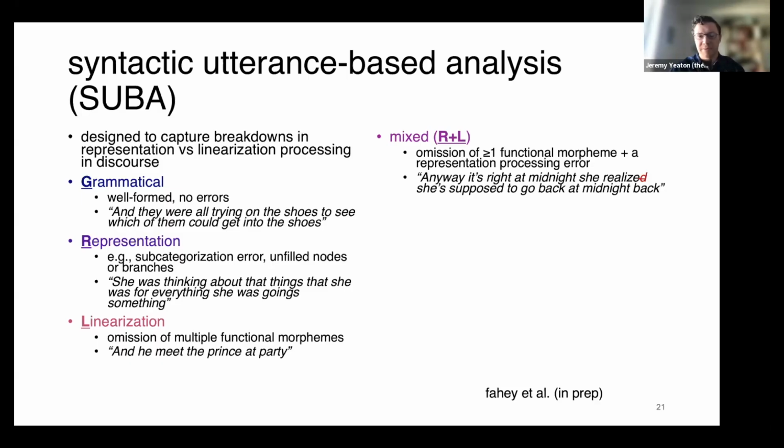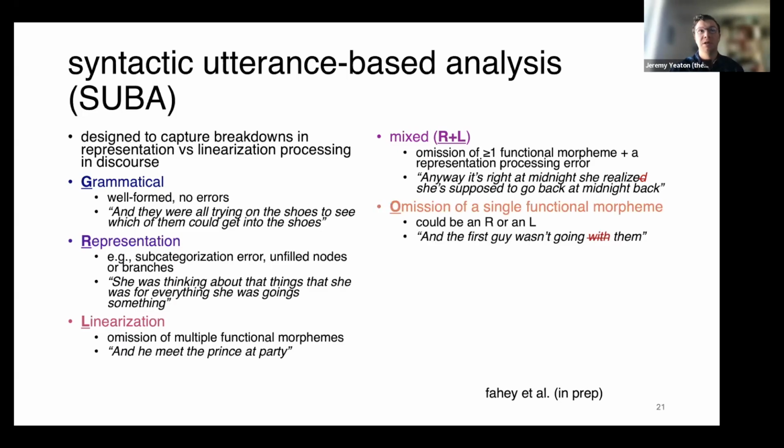And so we have something like, "anyway, it's right at midnight. She realized she's supposed to go back at midnight back." So we have the omission of the past tense marker on realize, as well as this strange reduplication of the preposition. We can have omission of a single functional morpheme, and the reason we coded this as separate from the linearization deficit is that omission of a single functional morpheme can arise from either a representation or a linearization level breakdown.